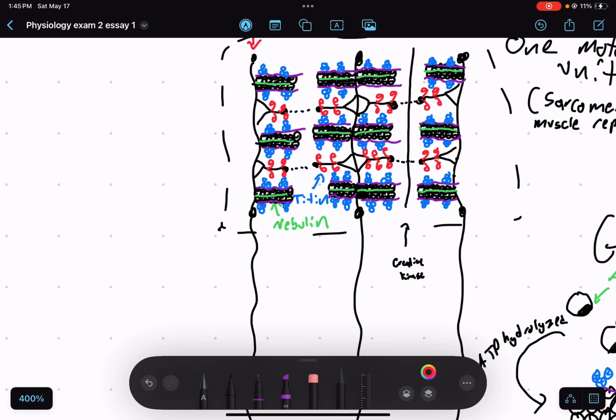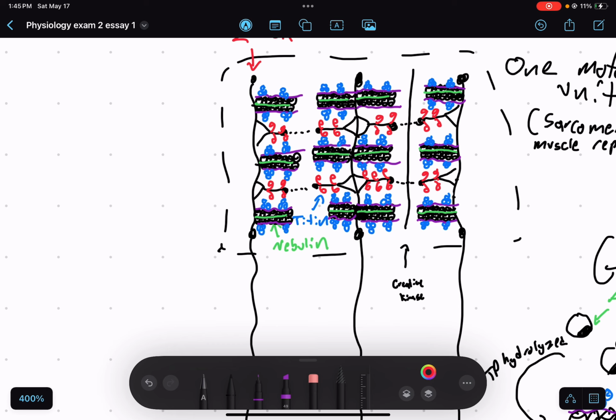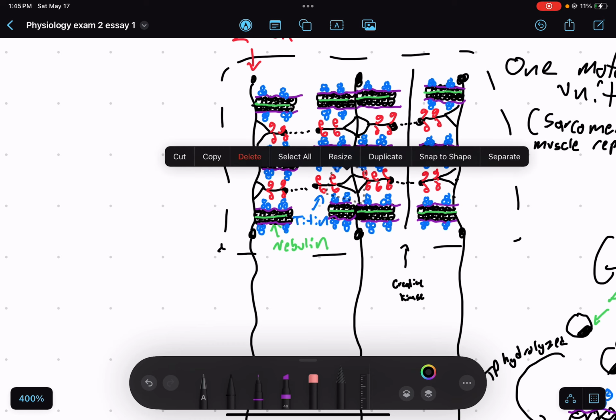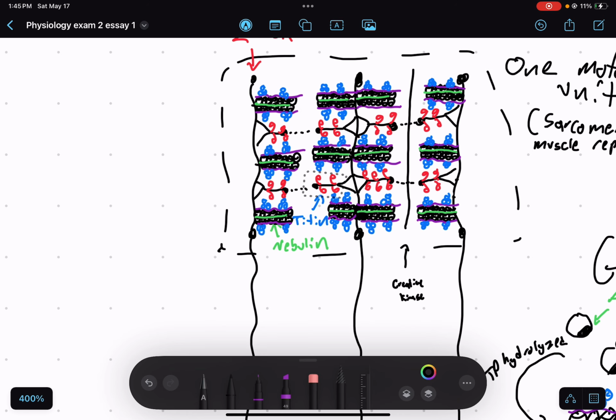Nebulin is going to be on the Z disc, and it's just going to protrude from it in multiple spots on different areas. Titin's going to do the same thing. Titin is this black area right here, not the red. The red is the myosin.